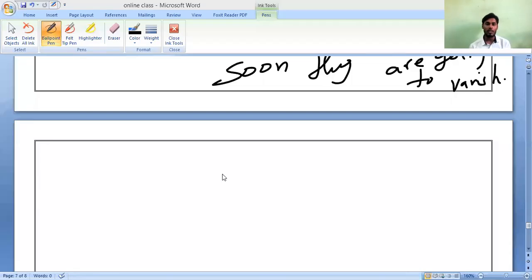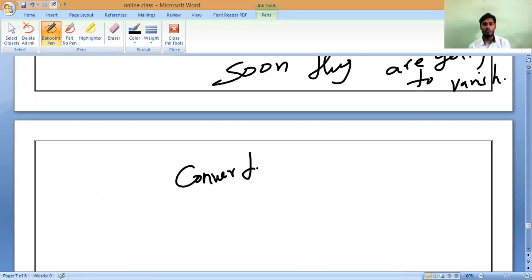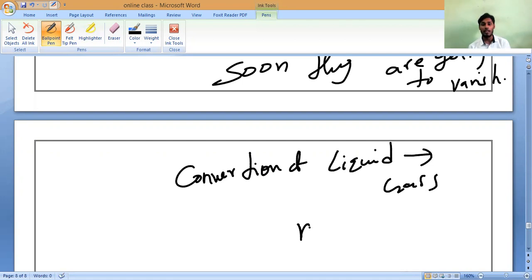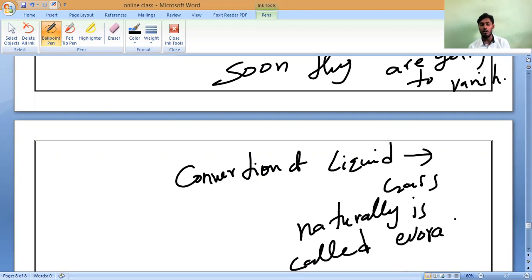Normally from water bodies, it is evaporation. From plants, we should call it transpiration. Remember, liquid state to gaseous state. Liquid to gas naturally is called evaporation.